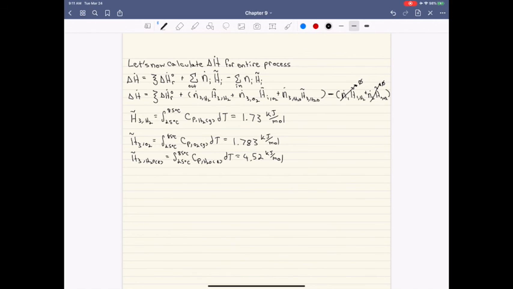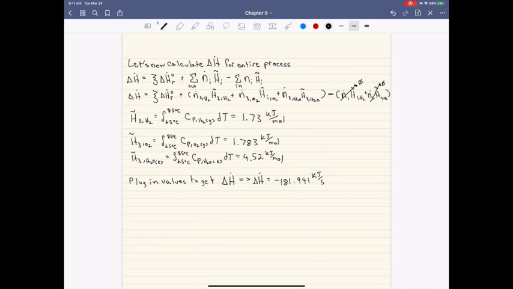Once you have these values, you can plug in those values to get delta H. Once you do, you'll see that your delta H dot is equal to negative 181.941 kilojoules per second.